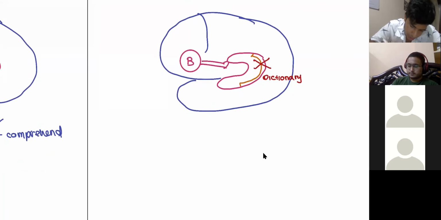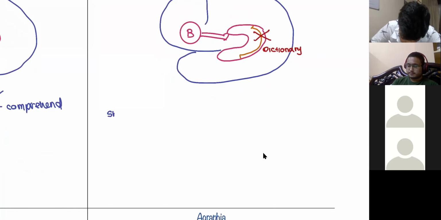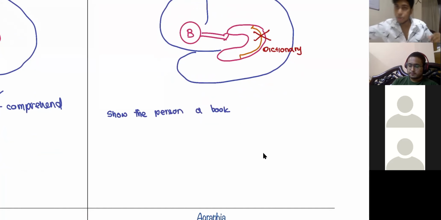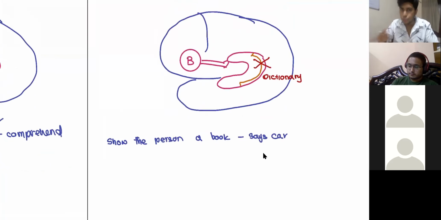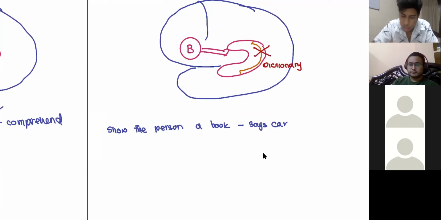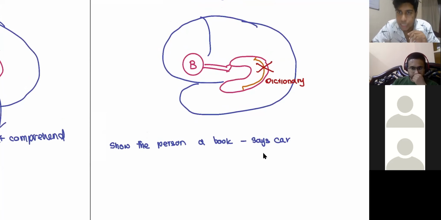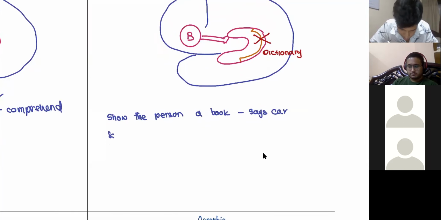What happens is you show the person a book and ask, what is this? And the person will say, it's a car. He knows it's a book. He knows the function of the book. He knows everything about the book. But the word that comes out from the dictionary is wrong. He knows car and book.